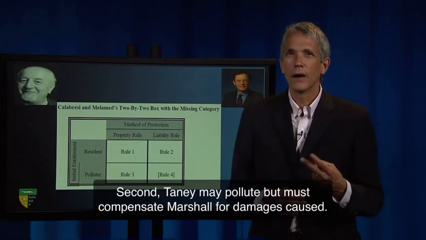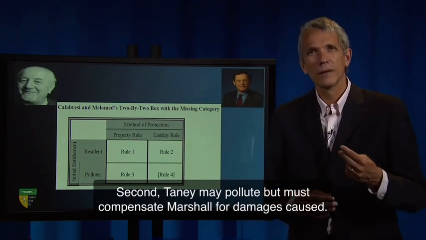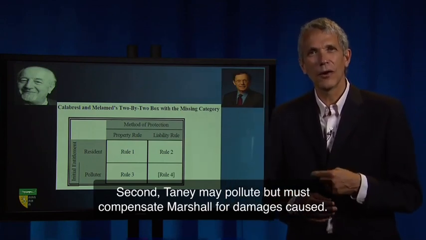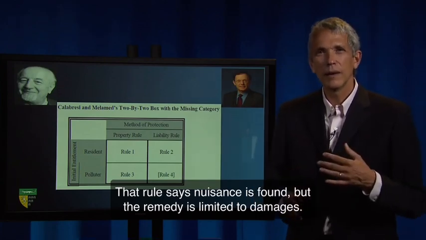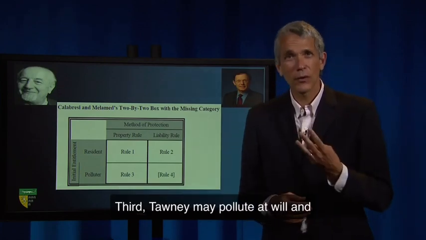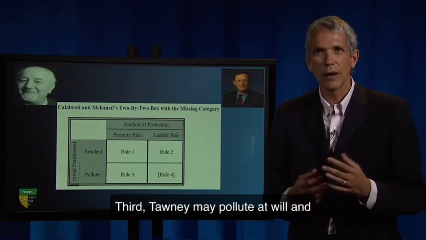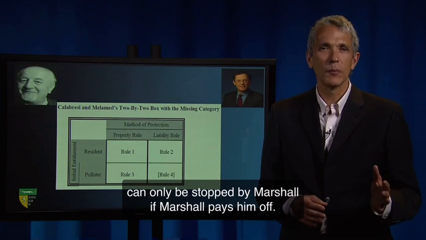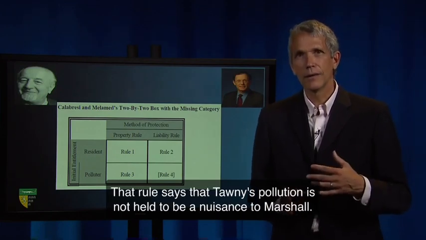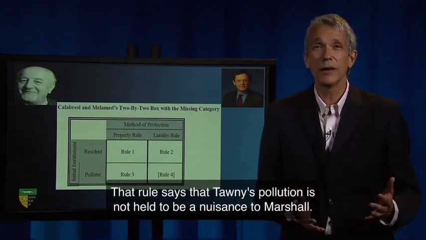Second, Tawny may pollute but must compensate Marshall for damages caused. That rule says nuisance is found, but the remedy is limited to damages. Third, Tawny may pollute at will and can only be stopped by Marshall if Marshall pays him off. That rule says that Tawny's pollution is not held to be a nuisance to Marshall.